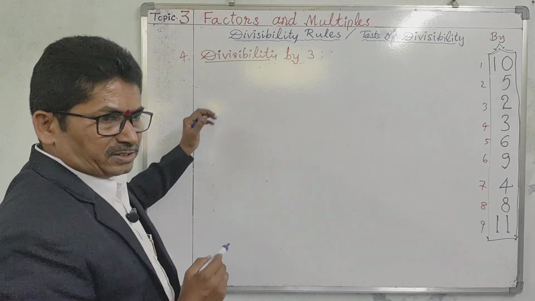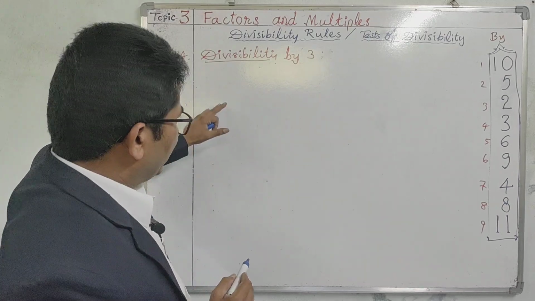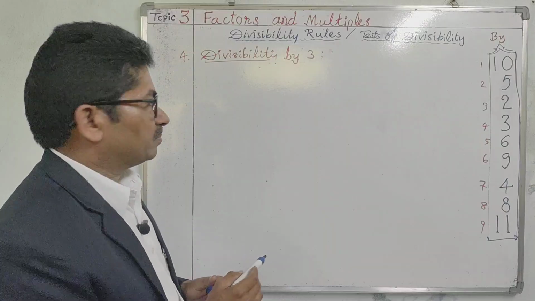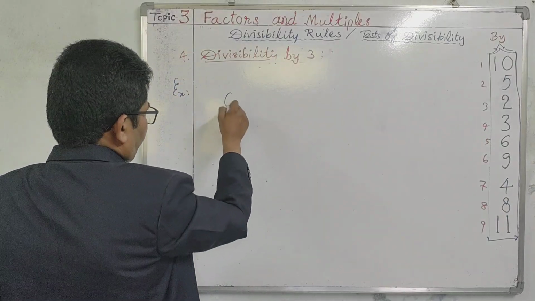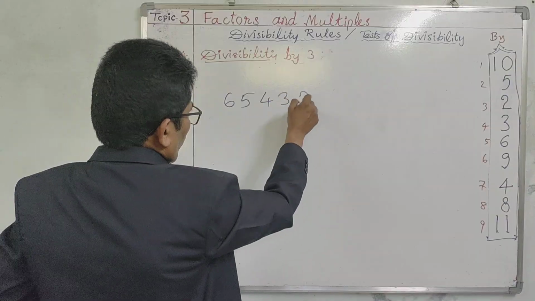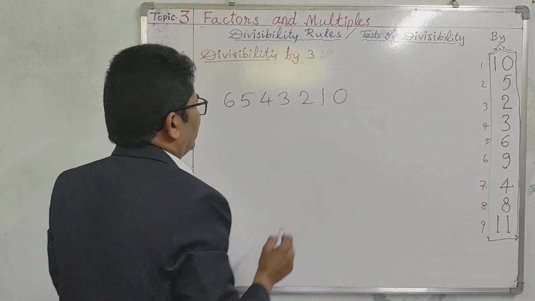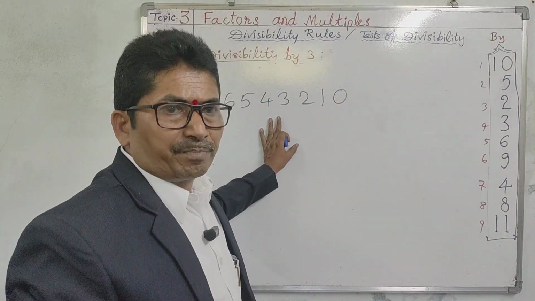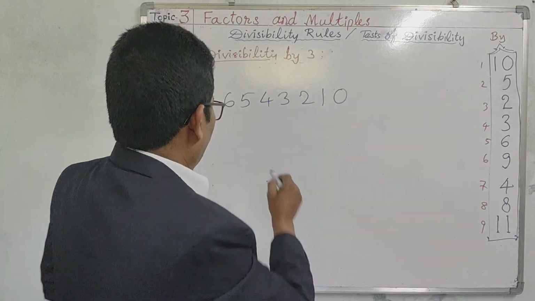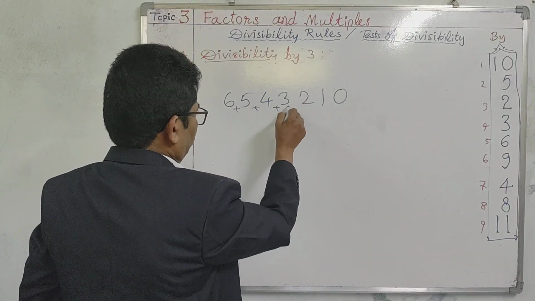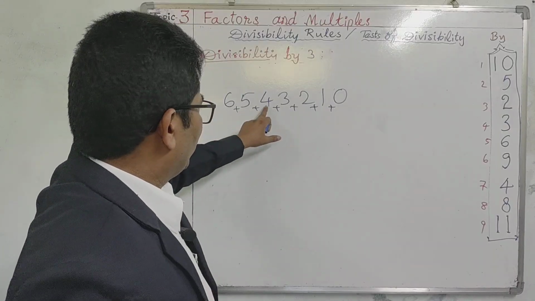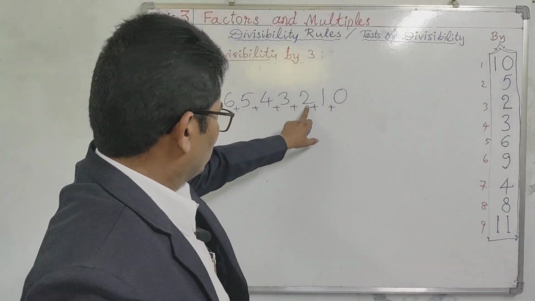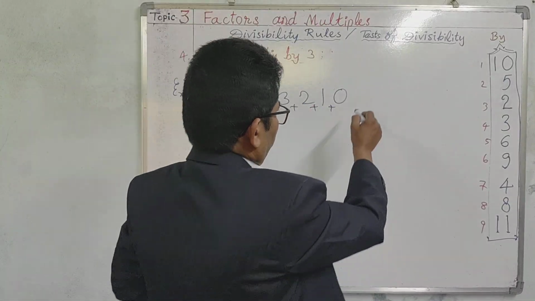To understand this, I am giving one more problem. 6, 5, 4, 3, 2, 1, 0. Is this divisible by 3? We can check. 6 plus 5, 11, 15, 18, 20, 21.